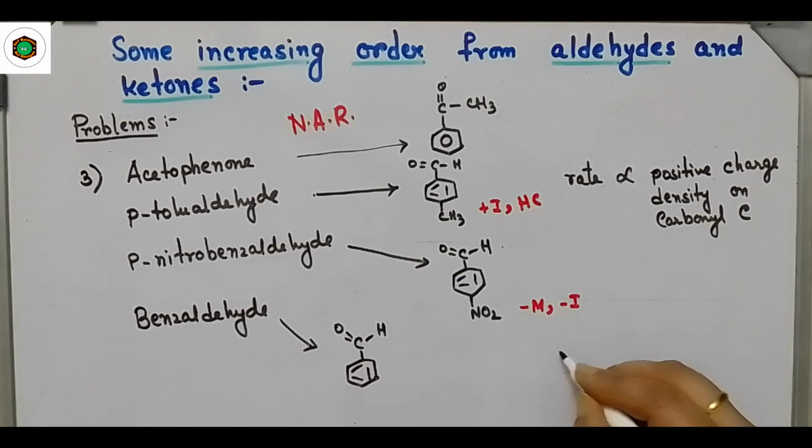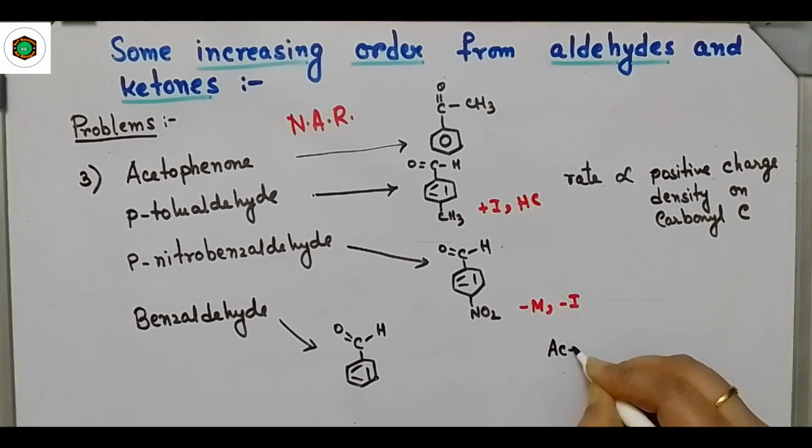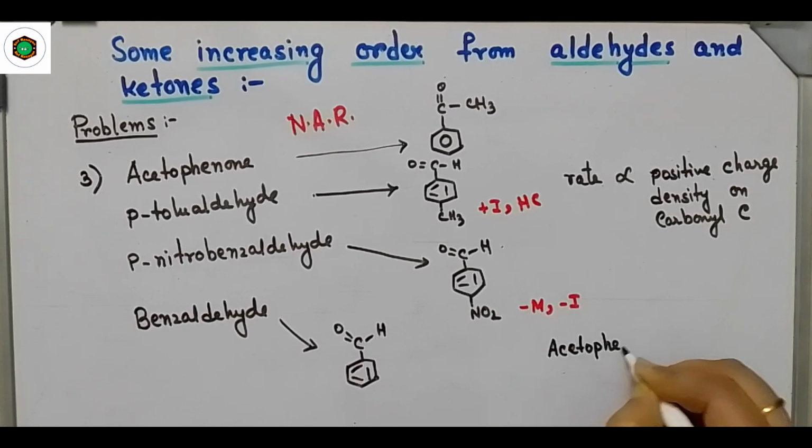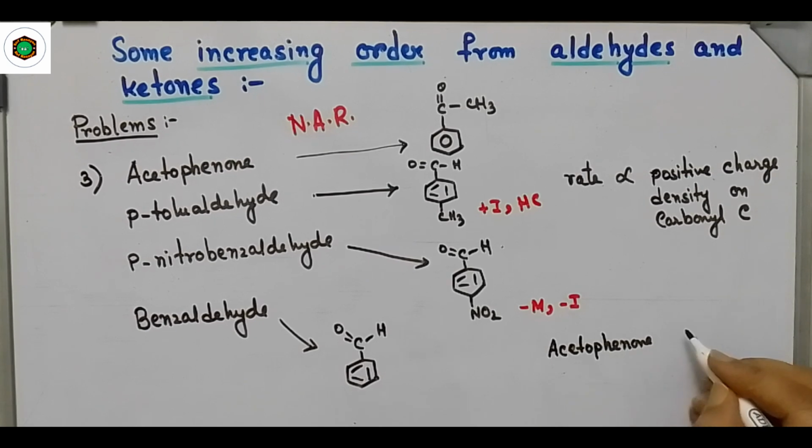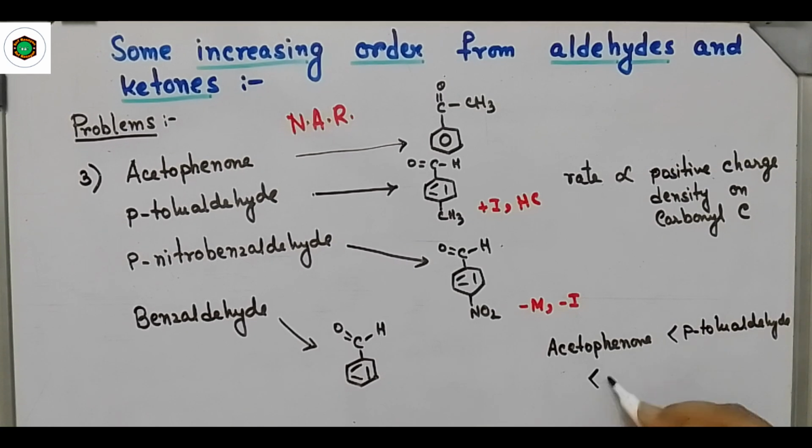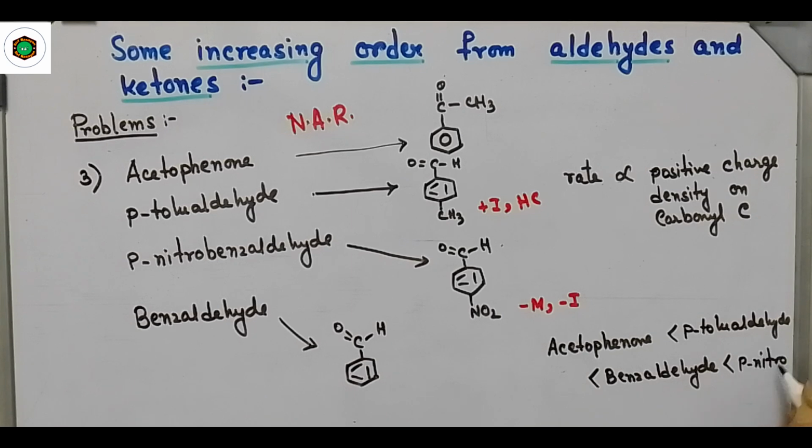So now order is acetophenone is slowest, then para-tolualdehyde, then benzaldehyde. It is having much higher rate than this one, and this para-nitrobenzaldehyde is having highest rate.